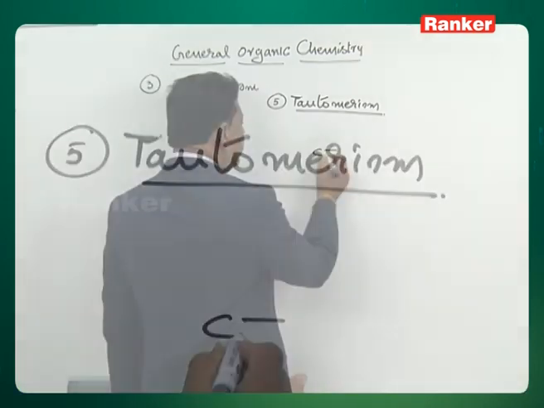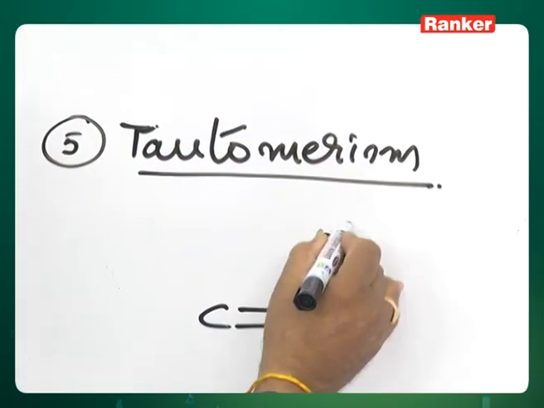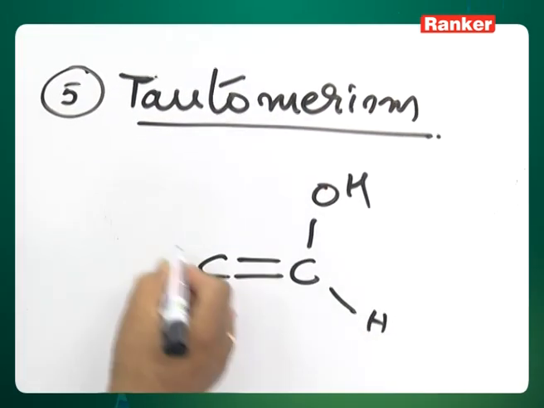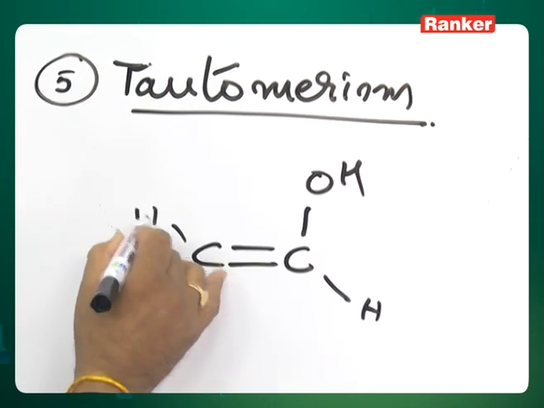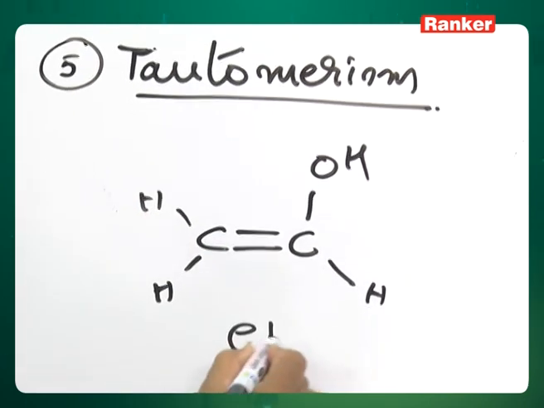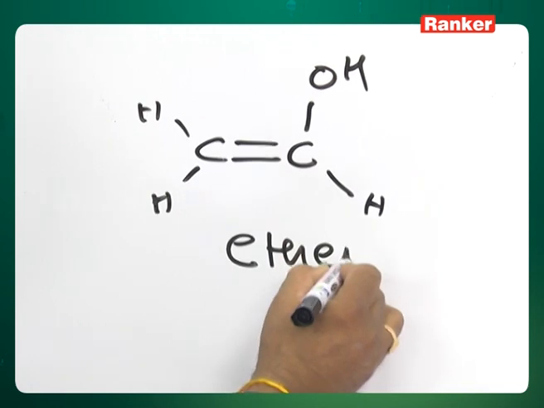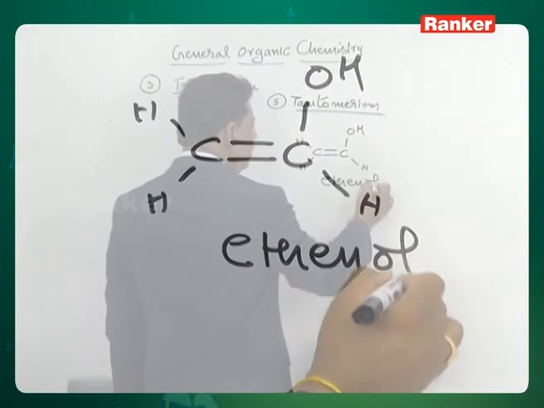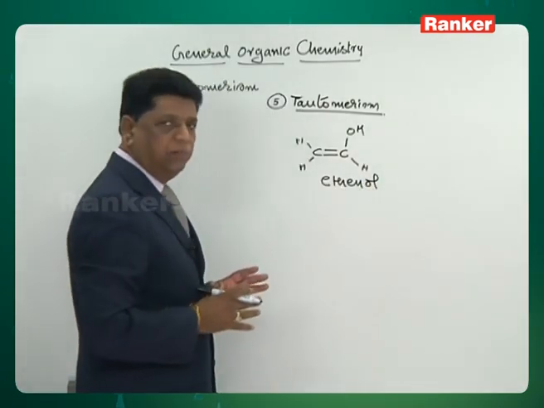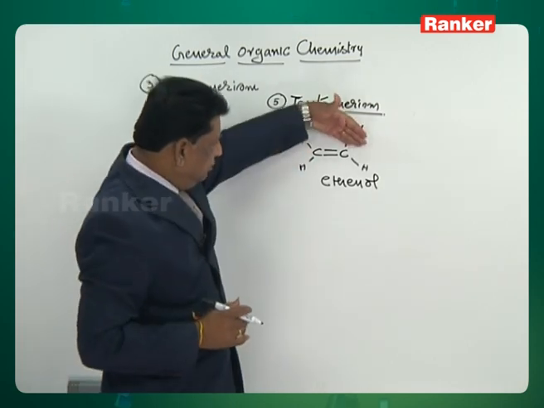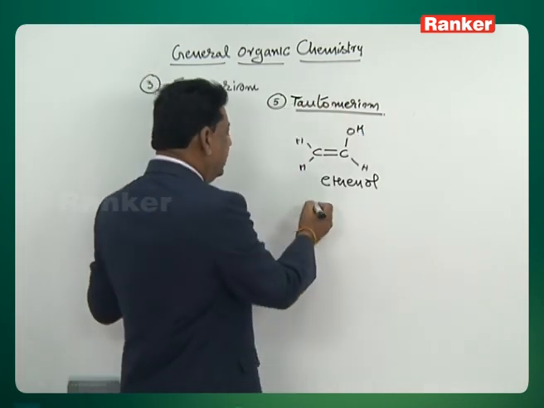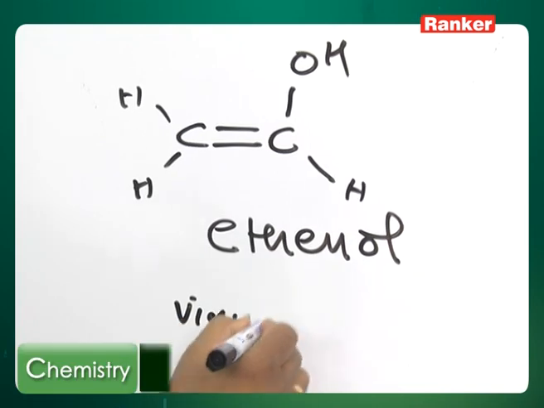For example, there is an alcohol with 2 carbons, so systematically called eth, with a double bond, ene, and the functional group ol. So the systematic name of this compound is ethenol. However, this group up to here is called vinyl, so we have a common name called vinyl alcohol.